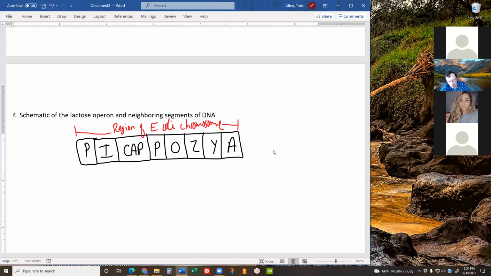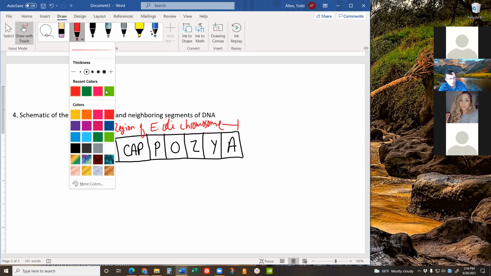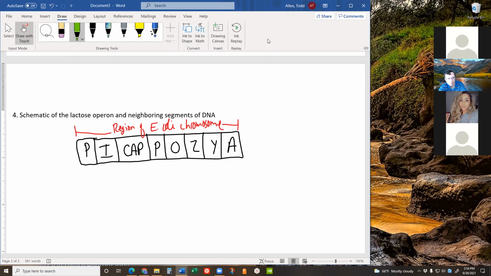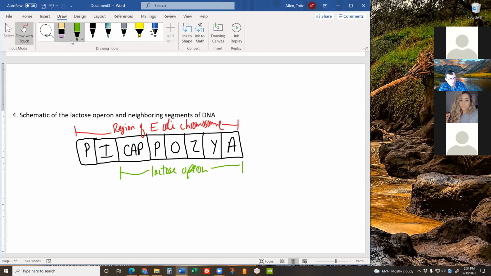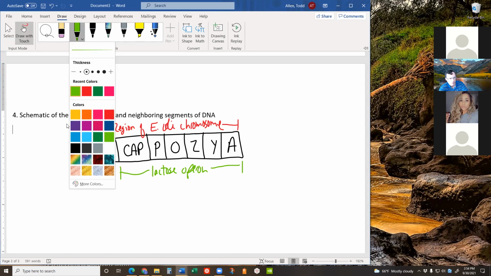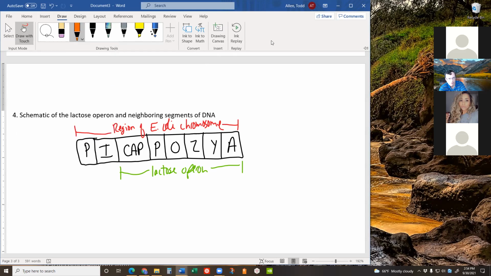Okay, so here's what I would begin to want you to appreciate. There are actually two operons here, right here and right here. This is the lactose operon. Okay. And there's a tiny operon to the left of it, which I'll put in orange, I guess.